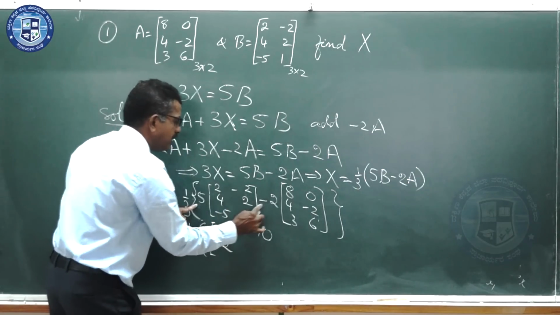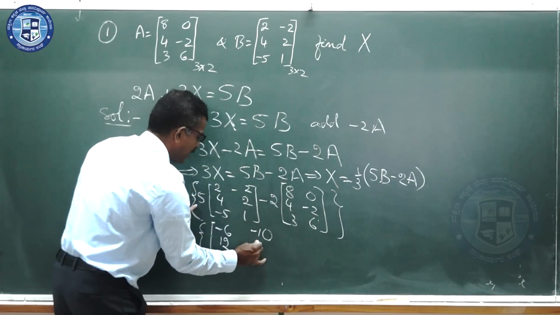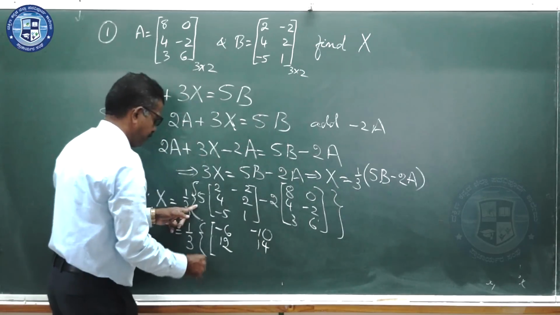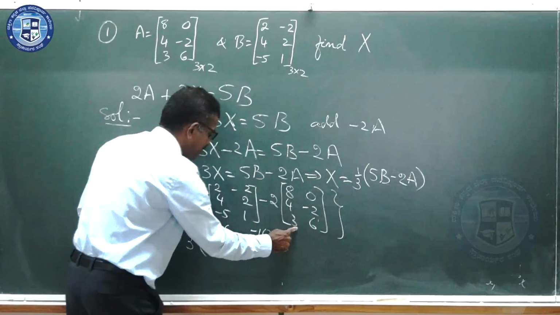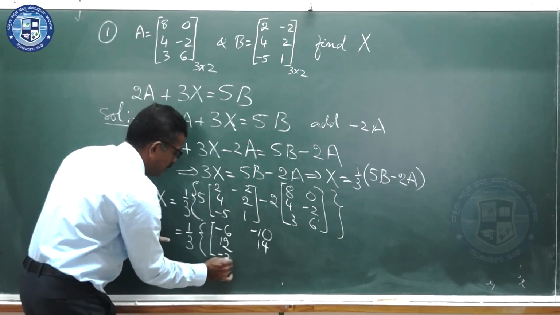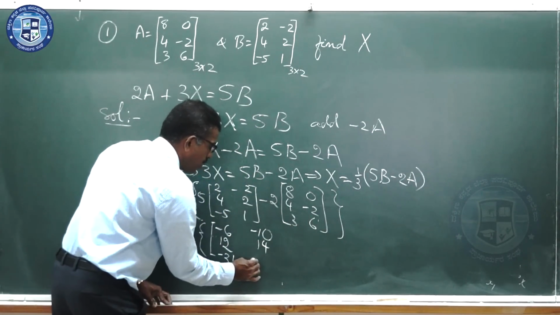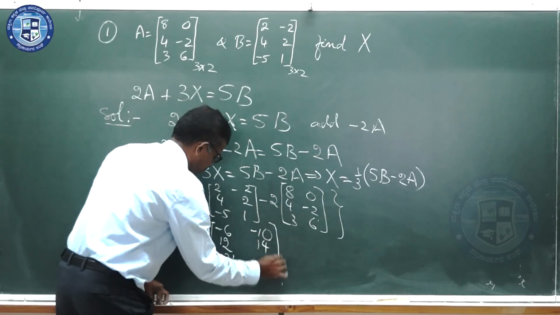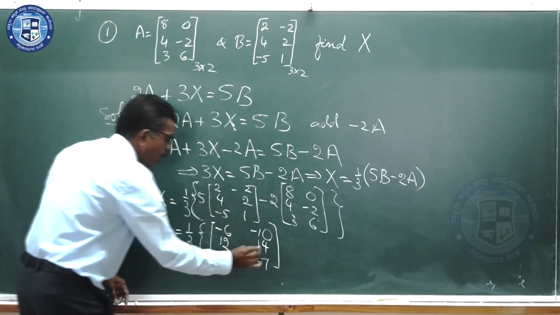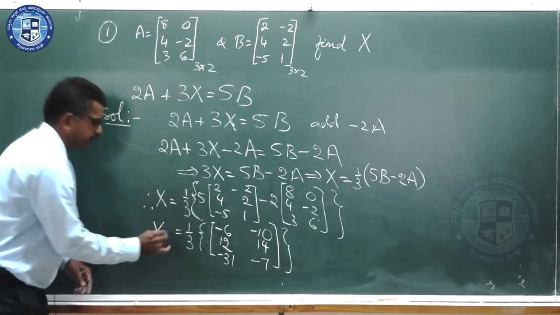Then 10 minus of minus 4, it is plus 4, so 14. Minus 25 minus 6, it is minus 31. And then 5 minus 12, it is minus 7. So we have 1 by 3 of this matrix. That will be the value for X.